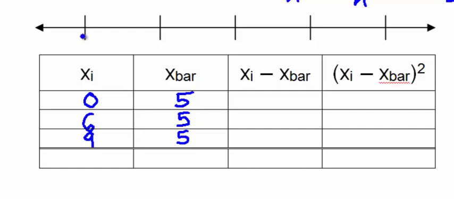So if we think about this as a number line, this being 0, this being 5, 10, 15, and 20. 0 would have this location. 6 is a little bit more than 5. And then we have 9.